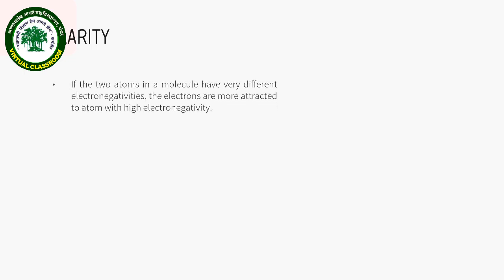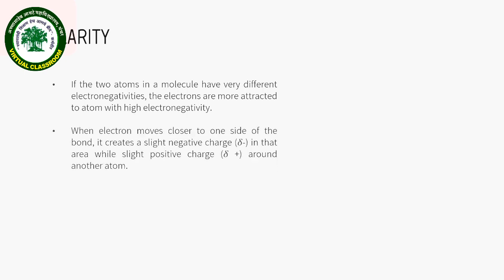The second key determinant in chemical bonding is polarity. If the two atoms in a molecule have very different electronegativities, the electrons are more attracted to the atom with high electronegativity. When electrons move closer to one side of the bond, it creates a slight negative charge in that area, and a slight positive charge around the other atom.